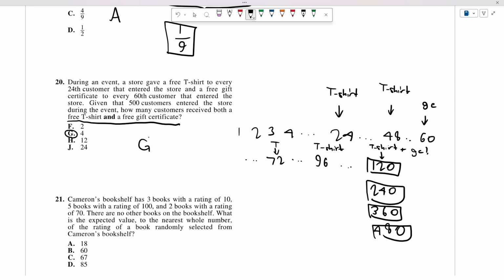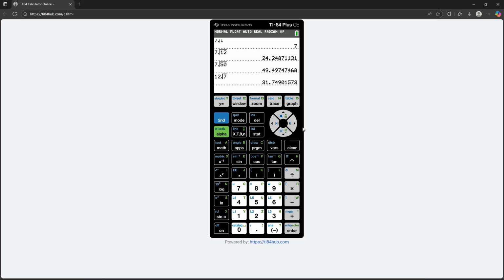If you can identify that this problem is asking you to find the least common multiple of 24 and 60, but you're not sure what it is, and you don't want to do all this work out, you can also go to your TI. There's a function that gives you the least common multiple of two numbers. You're going to press math, go to NUM over here, and then click number 8.